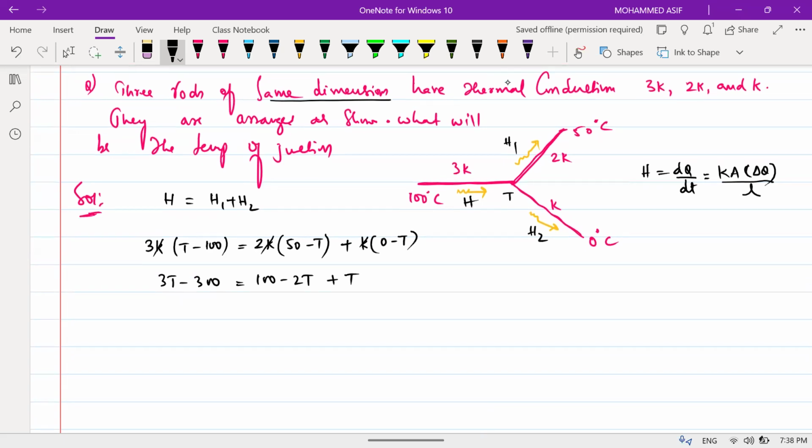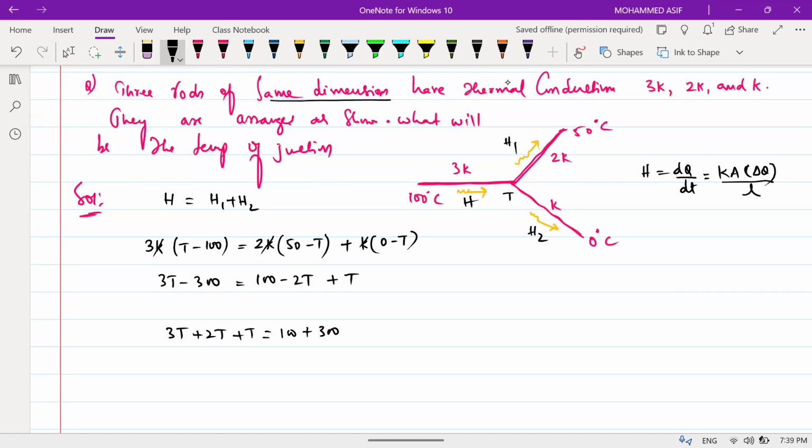So all the T's you can take on one side. So it is minus 300, which will come here as 100. So it becomes 3T plus 2T, and here it will be T. So that will be 100 plus 300.